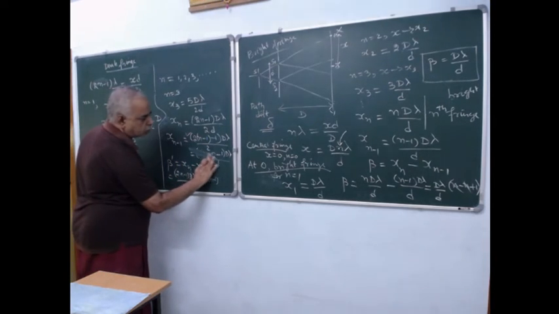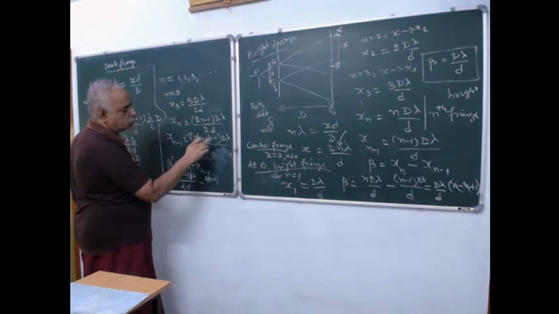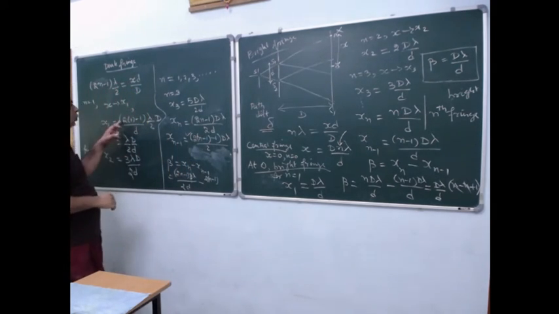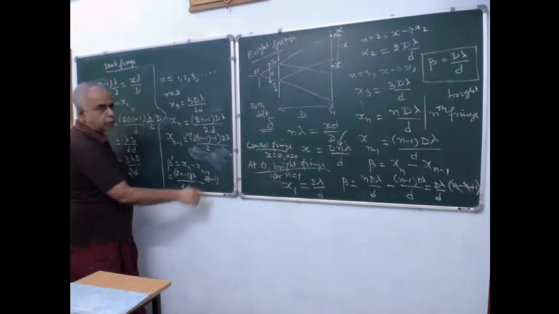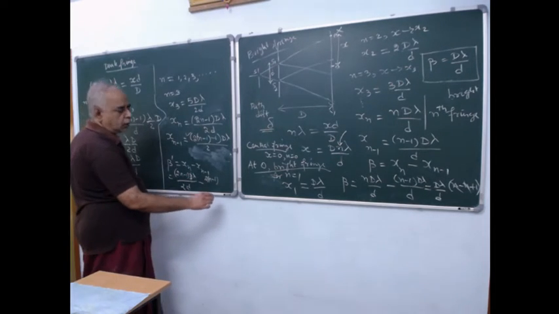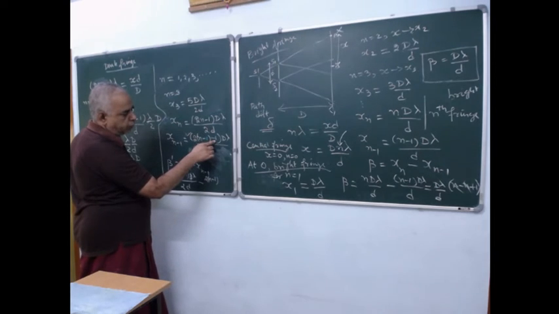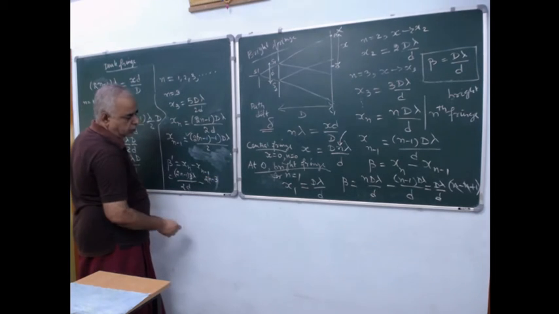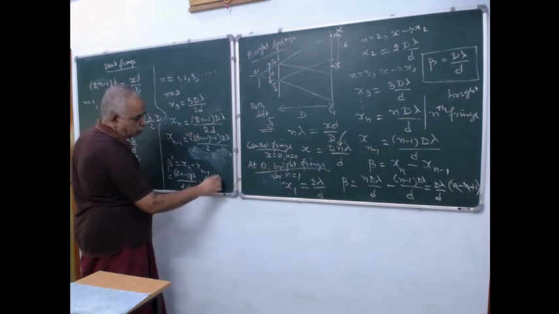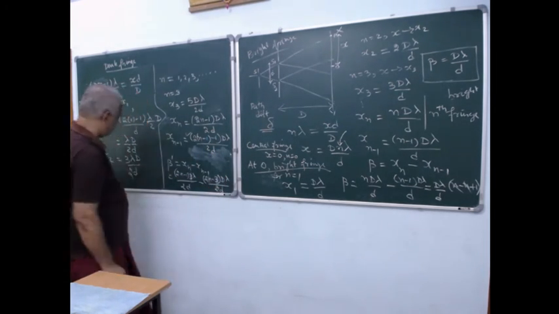So 2 into n minus 1, and then into lambda D. So it becomes minus 2, minus 1 means minus 3. Is it not? So you can put 2n minus 3, close the bracket, into D lambda divided by 2 small d here.